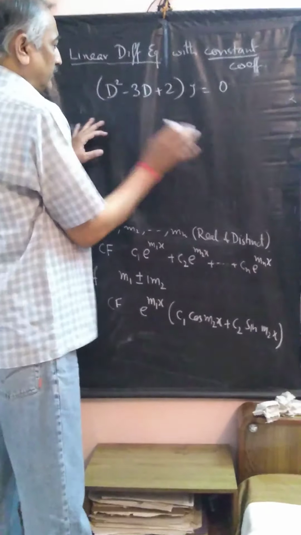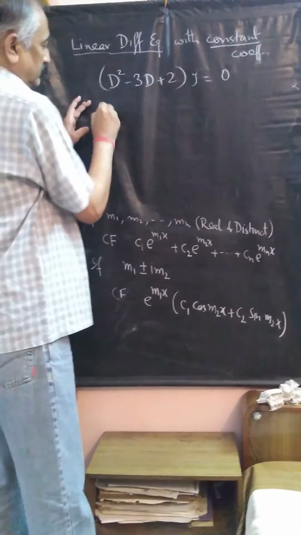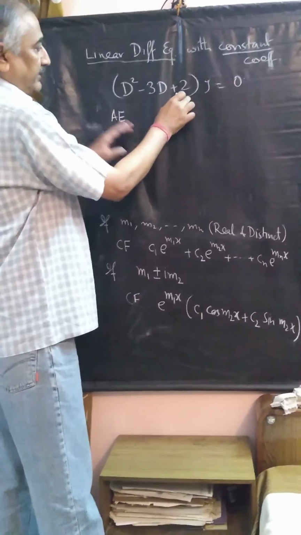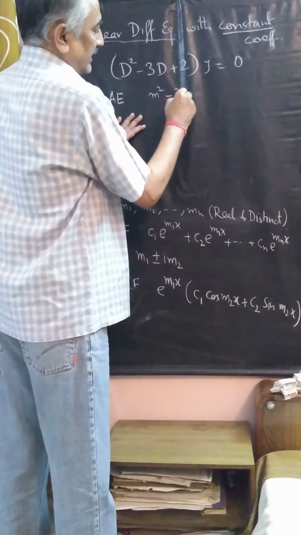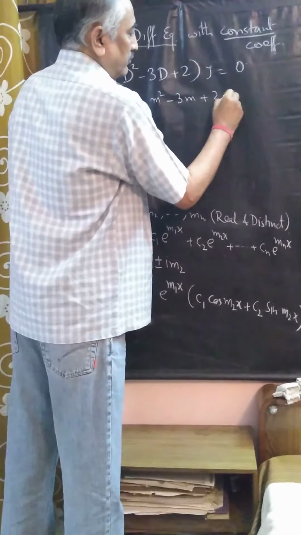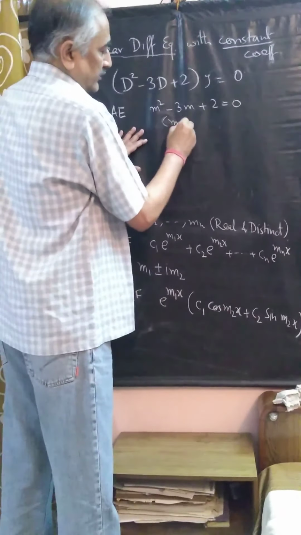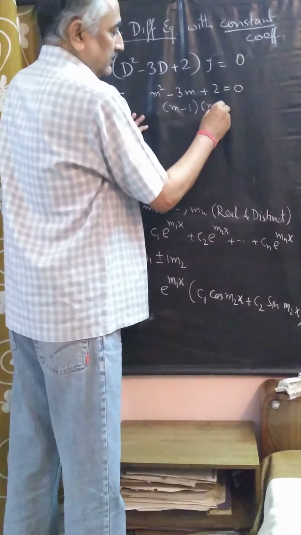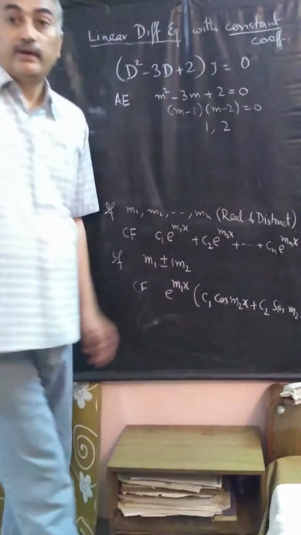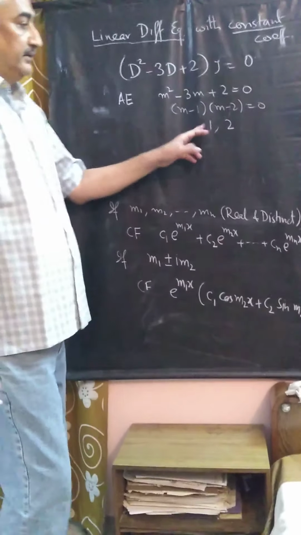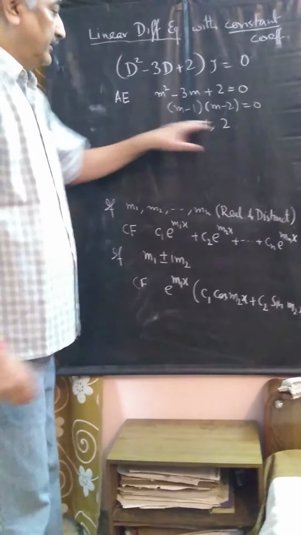So your Q is 0, but this is your f(D), and the corresponding auxiliary equation is m squared minus 3m plus 2. We know that it can be factorized as (m minus 1)(m minus 2), and therefore has two roots, 1 and 2. So m1 is 1, m2 is 2.